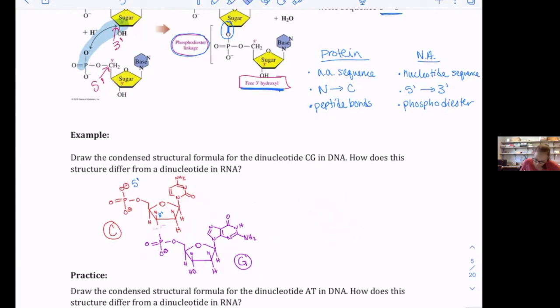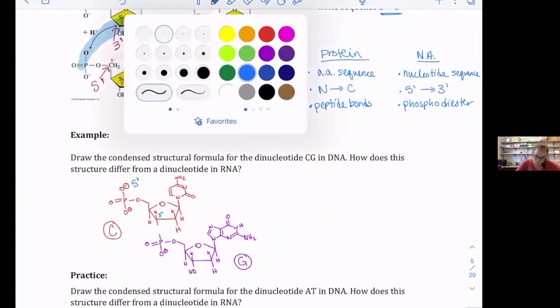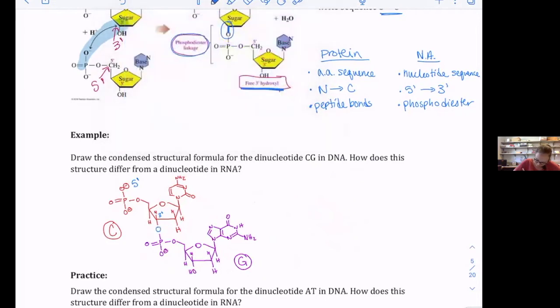Let's erase some of this here. Let's do blue, why not? So that's our new phosphodiester bond between the 5' phosphate and the 3' of the sugar of the prior one. And then we have our 3' at the end here, and it is a free 3' hydroxyl group. Okay, so this would be our answer for the dinucleotide CG in DNA.